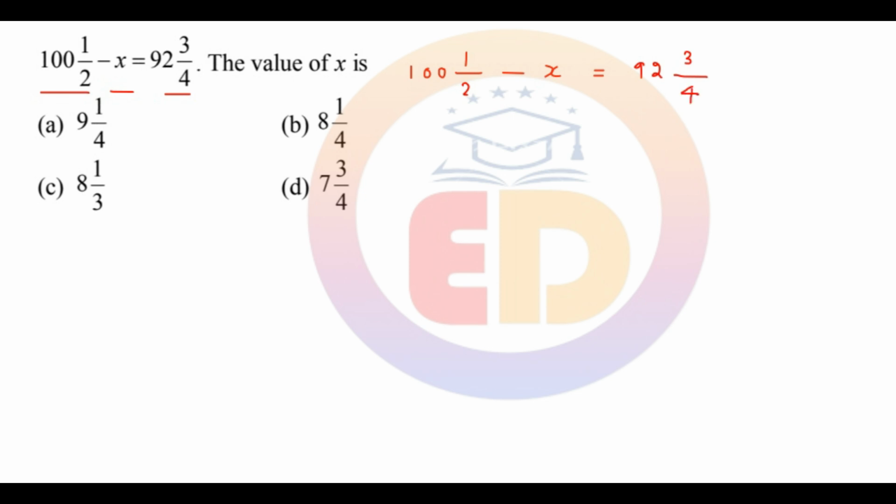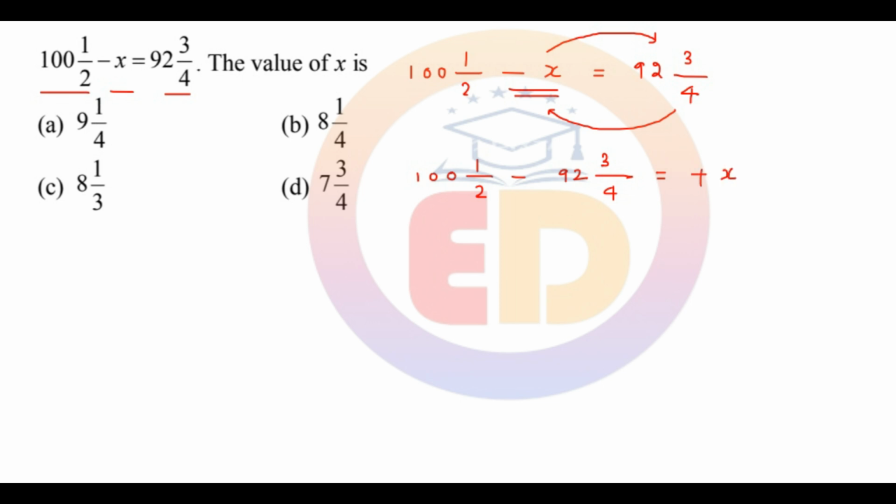Now here, to find out the value of x, I will have to take this minus x from left side to right side, and I will have to bring 92 whole 3 upon 4 from right side to left side. My equation will become 100 whole 1 upon 2 minus 92 whole 3 upon 4 equals, now minus x, when you take it from left hand side to the right hand side, it will become plus x.